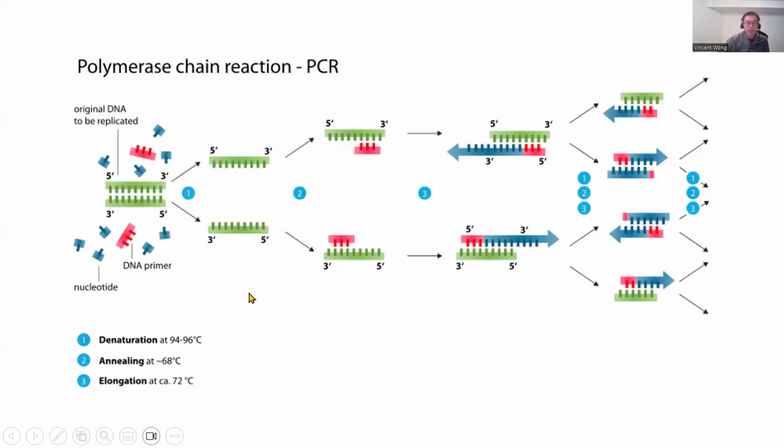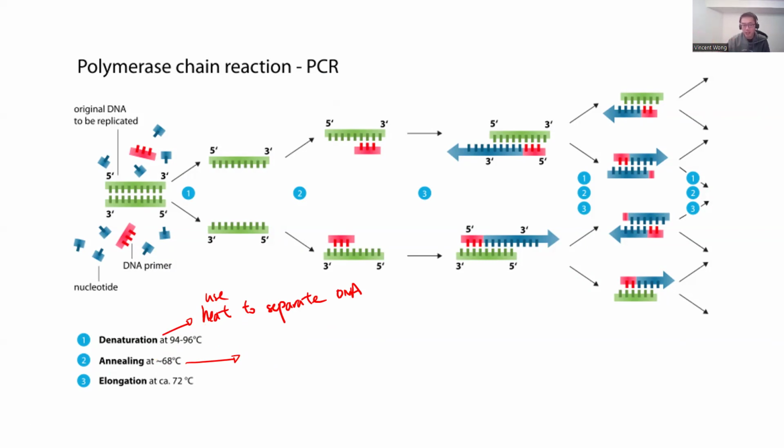So let's take a closer look again. Okay. First step is denaturation. Denaturation. So use heat to separate the DNA. Once you heat it up to separate the DNA, you need to cool it down a little bit. Okay, we call this annealing. You cool it down to about 68 degrees, 70 degrees, depending, again, these are very vague numbers.